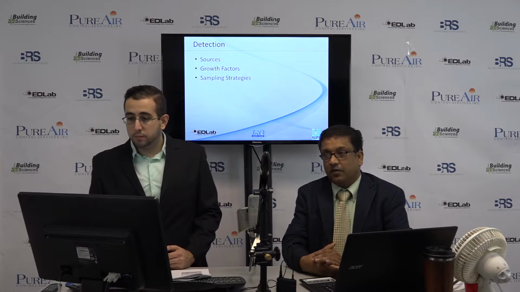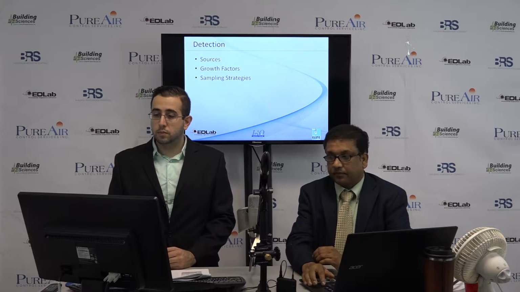And the third thing is what kind of sampling or sample is good for monitoring this bacteria. So these are the three major points in order to detect the Legionella.